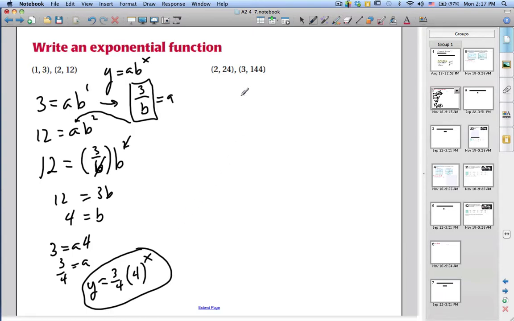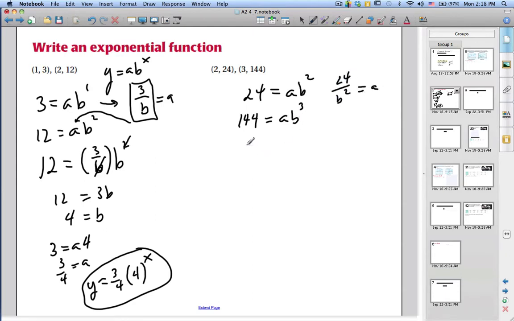Okay, so let's go ahead and do that one more time. I know that y was 24 when x was 2, and then y was 144 when x was 3. So I'm going to solve for a again. a would be equal to 24 divided by b squared.